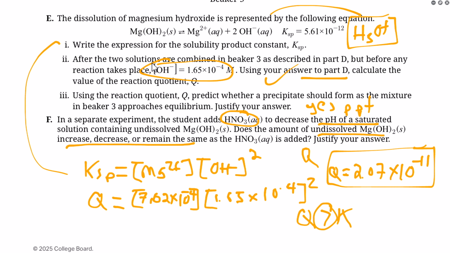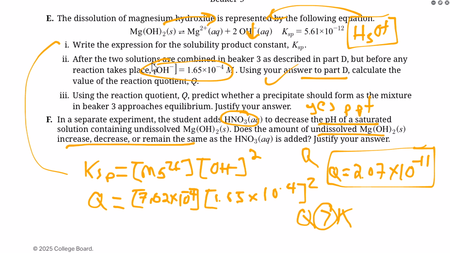Well, what H3O plus does when it reacts with the OH minus here is it neutralizes it to produce water, and so as a result, that drops the OH minus concentration. When it drops the OH minus concentration, Q no longer equals K. The system then responds by shifting to the right in order to reestablish chemical equilibrium. And so as a result, more of the solid is going to become aqueous ions.